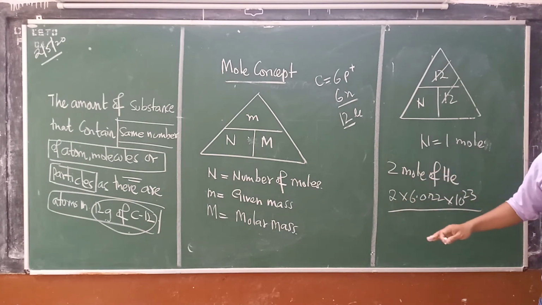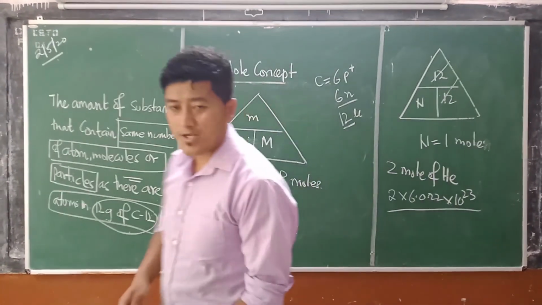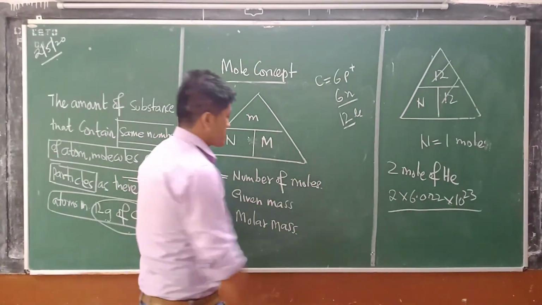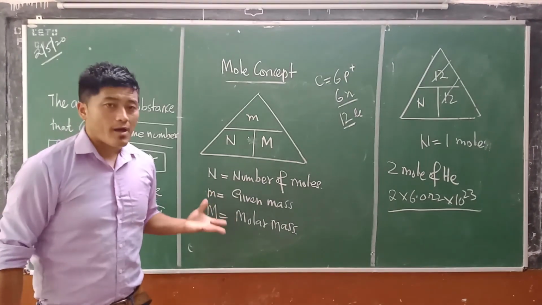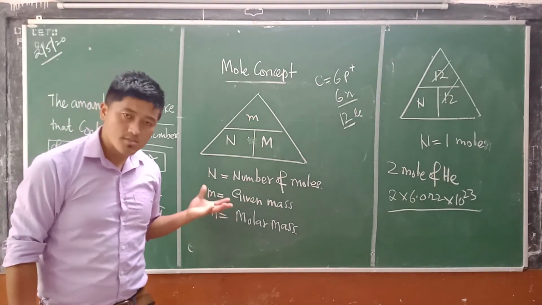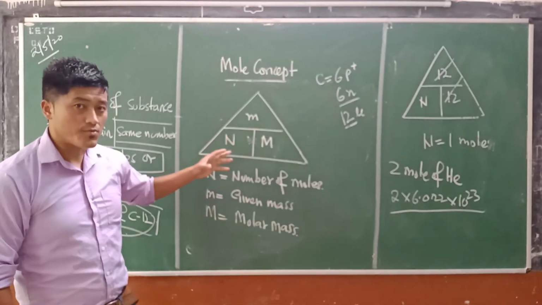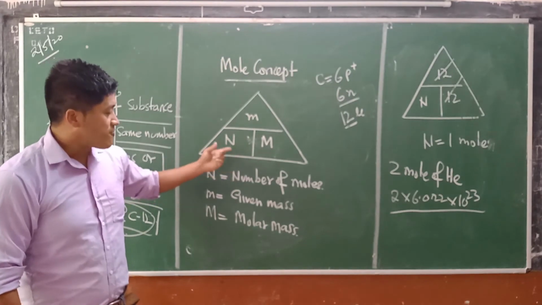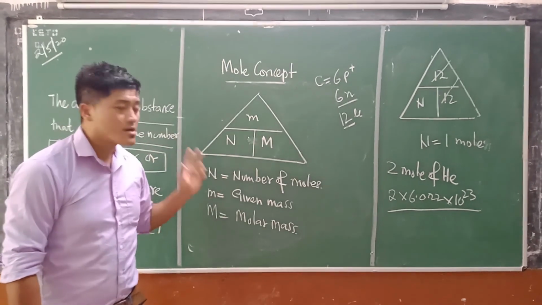Is that clear? This particular concept was first brought forward by Avogadro, and this particular number, that is 6.022 into 10 raised to power 23, is what we refer to as Avogadro number. And this formula is very, very helpful for you in finding out the number of moles and the given mass of that particular compound here.